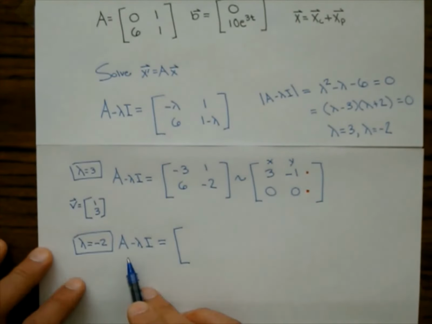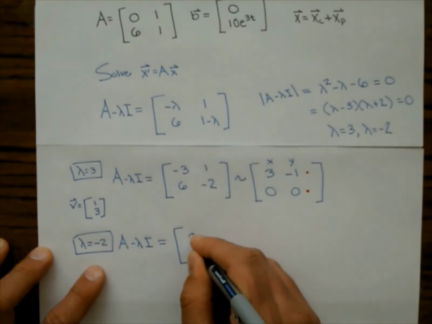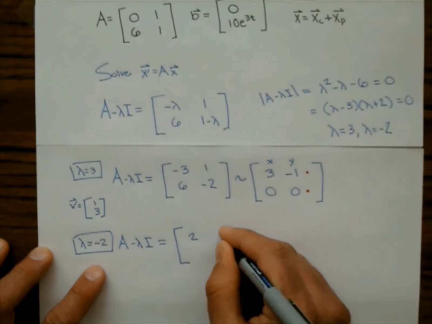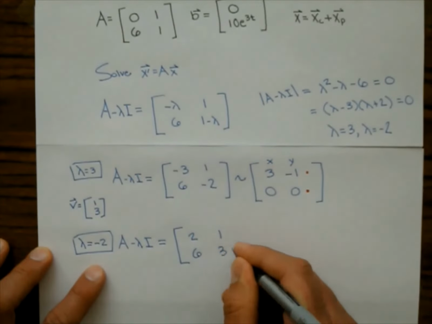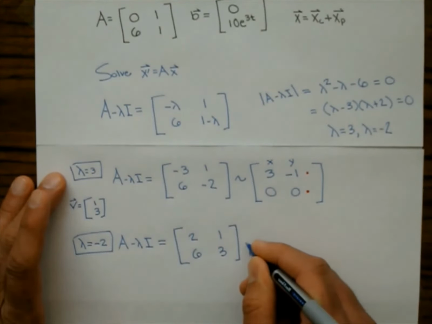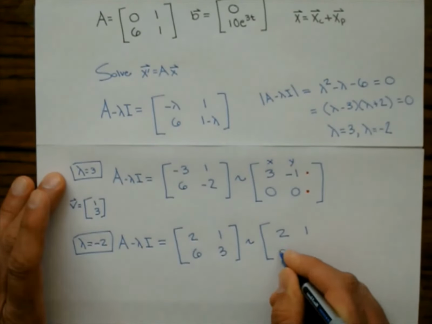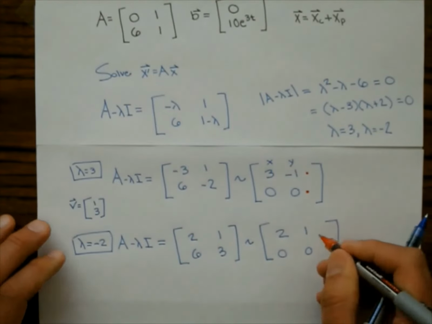So here it goes. I put negative 2 in there. I'm putting it right there. I'm getting 2, 1, and then 6, put negative 2 in there, 3. And I can clearly see that those rows are multiples of each other, so I end up getting 2, 1, 0, 0. And what am I trying to do here? I'm trying to find the null space.